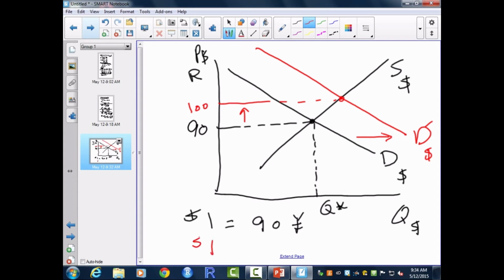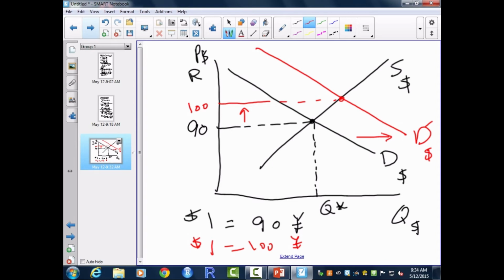So now $1 would be equal to 100 Japanese yen. Why would demand for dollar go up in the market for Japanese yen? Again, this is between only US dollar and Japanese yen. Okay? So each pair of currency would have their own particular market. You have to remember that. You cannot combine all of them together.